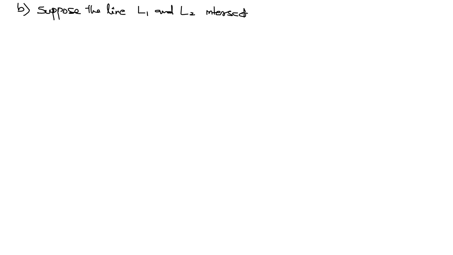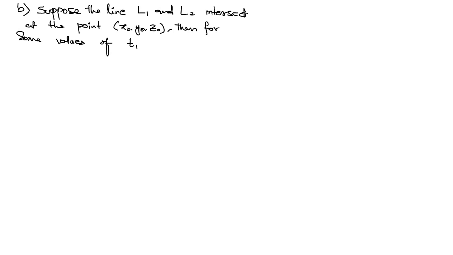I suppose the opposite, that they intersect, and they intersect at a point, for example, x naught, y naught, and z naught. Then for some values of t1 and t2 we have the following.